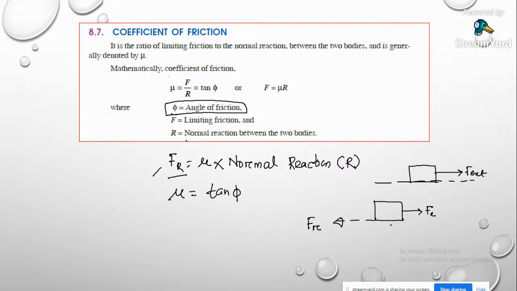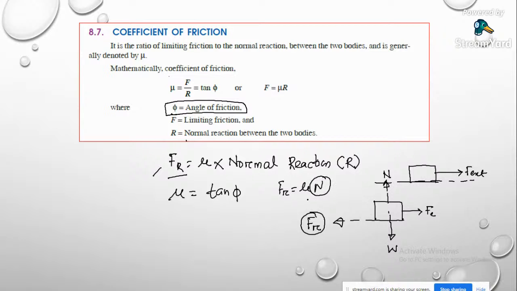The weight of the body will act downward, this is my weight of the body, and this is my normal reaction. So this friction will always be equal to mu into N.